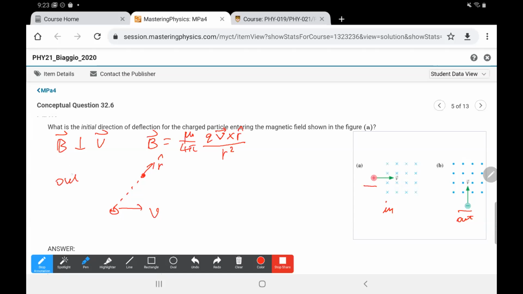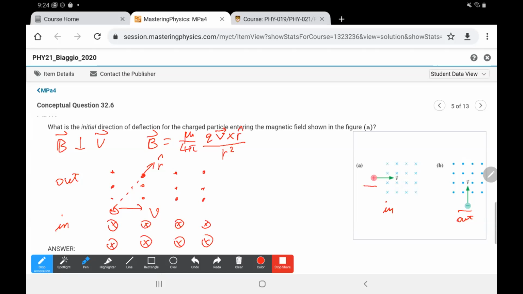So this is the magnetic field distribution on this side. The dot means goes out. And on the bottom side, the magnetic field goes in. So it looks like this. Okay, so this is the magnetic field distribution near a moving charge.